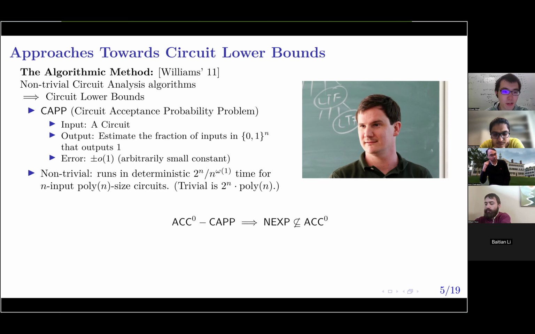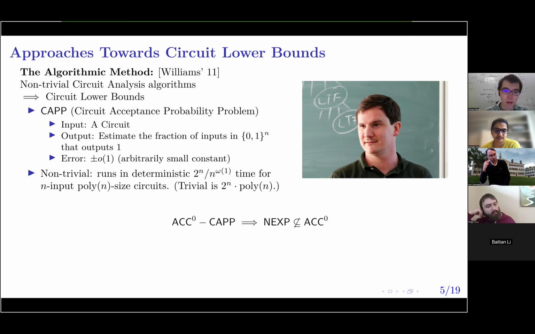By non-trivial algorithm, it means an algorithm for computing this CAP that runs in deterministic time slightly less than 2 to the n. Here we remark that the trivial running time, just enumerating over all input strings, is 2 to the n times polynomial of n. So non-trivial means you need to make the running time less than 2 to the n.